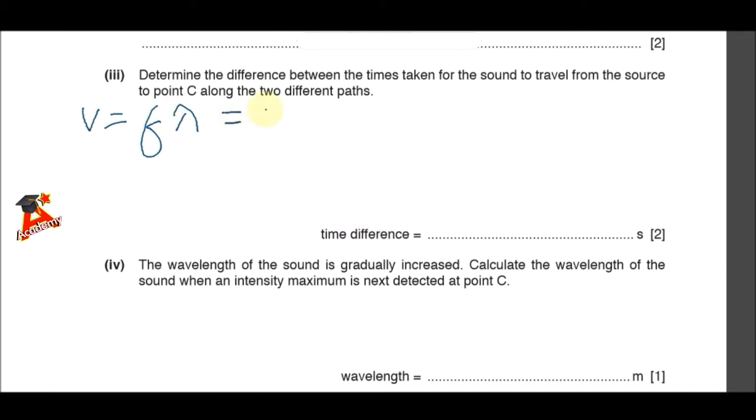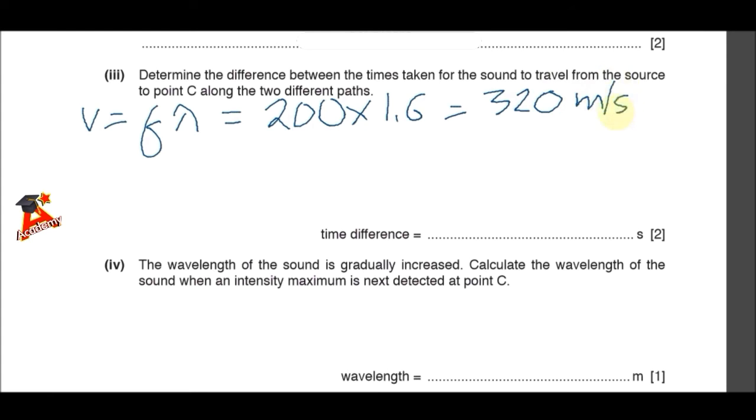So the frequency, we found to be 200 Hz, and we multiply by the wavelength, which is 1.6. This will give us 320 meters per second.